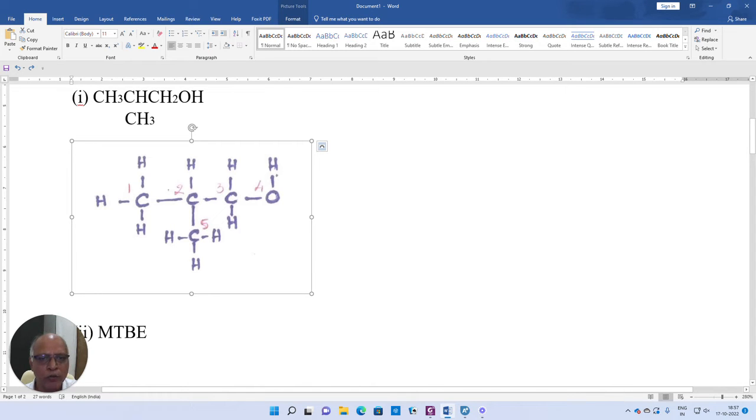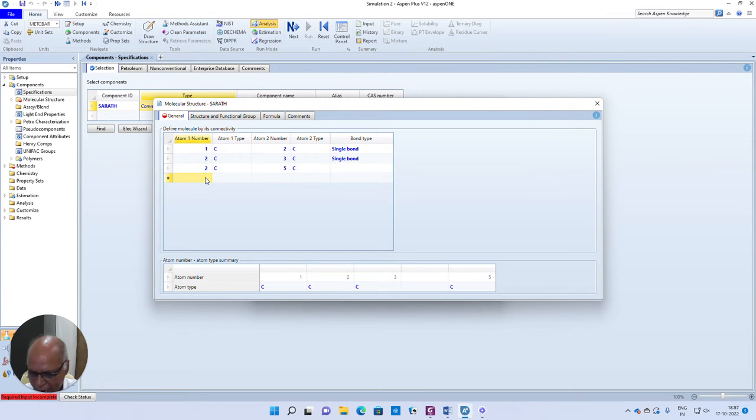Now we need to address this part, 3 to 4. So atom 3, which is carbon, is connected to 4, which is oxygen. All the bonds are, of course, single bonds.